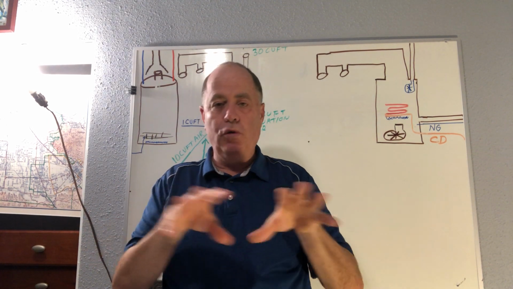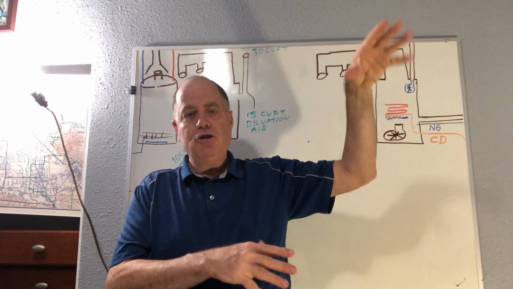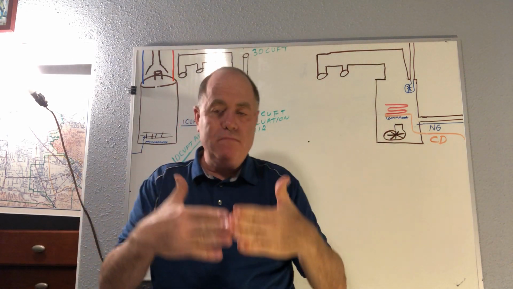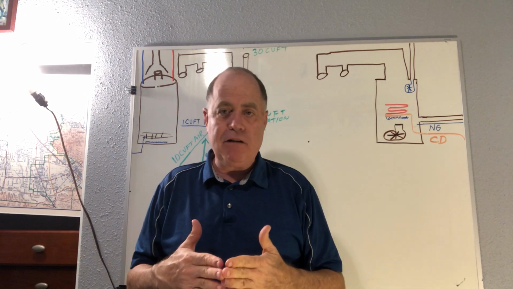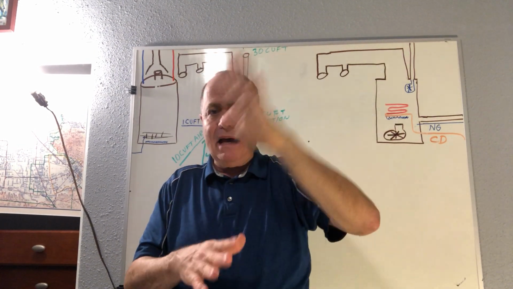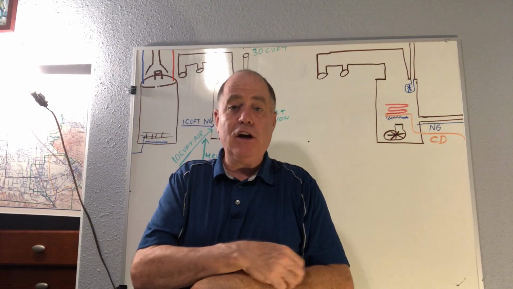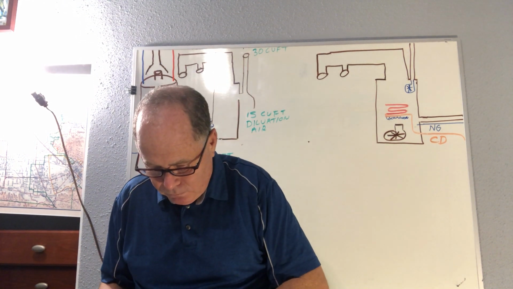A lot of times an older furnace like that is relying on those two vents to provide the air that needs to mix. You need way more air than natural gas to create proper combustion. So it's relying on those two openings to allow a good path of airflow. Okay?